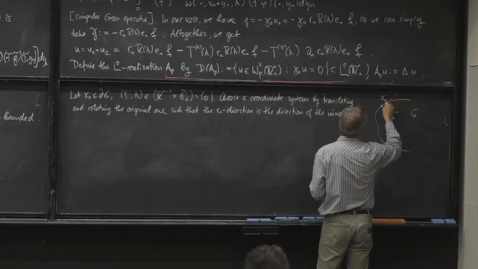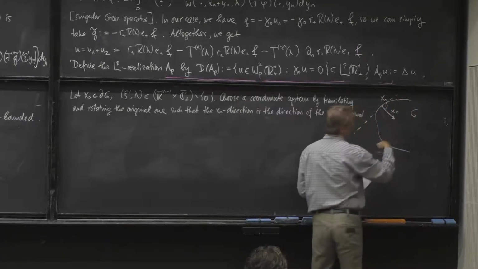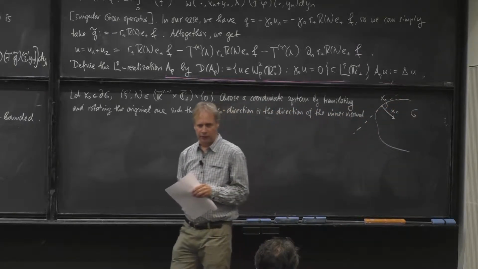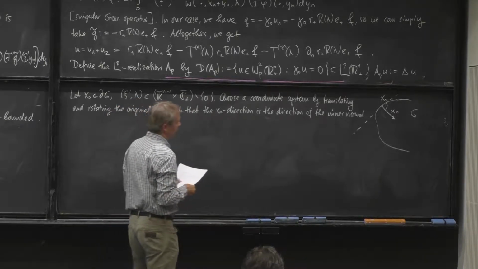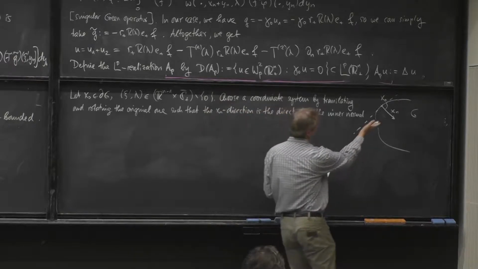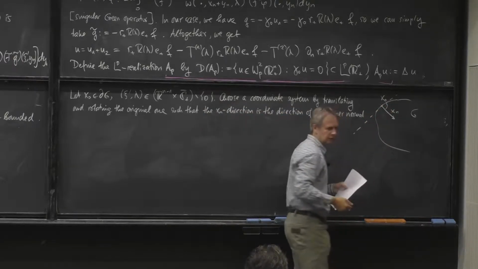In some sense, we consider this as a half space. And I freeze the coefficients again, so it's constant coefficients considered in this half space obtained by rotating.